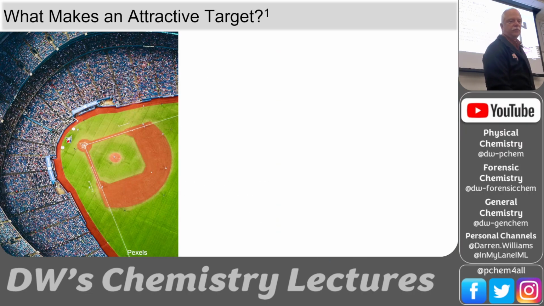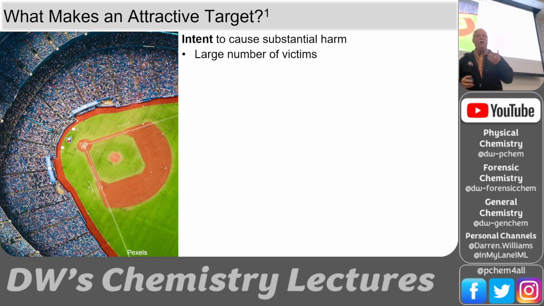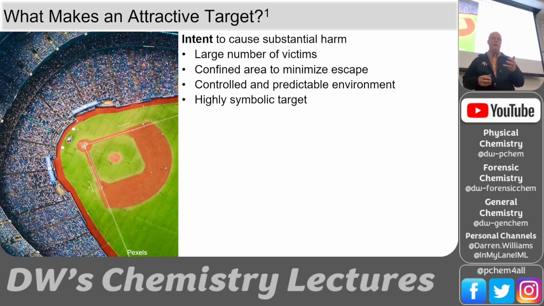If you have intent and the capability, then you have to look at where we're going to put our security resources. And so we put a lot of security into the valuable targets: large numbers of potential victims, like a sporting event, a confined area, a controlled and predictable environment, a highly symbolic target, and a large potential of media exposure.